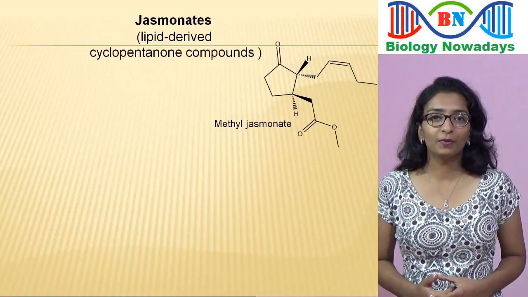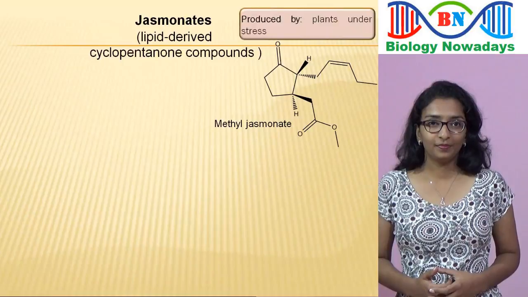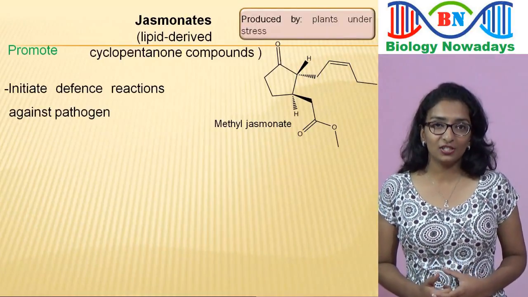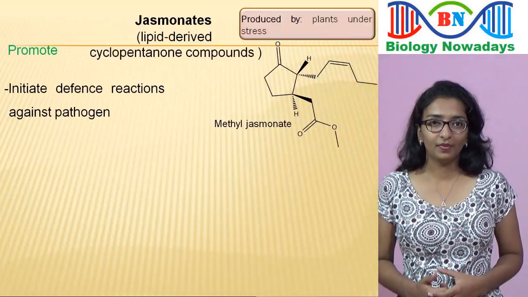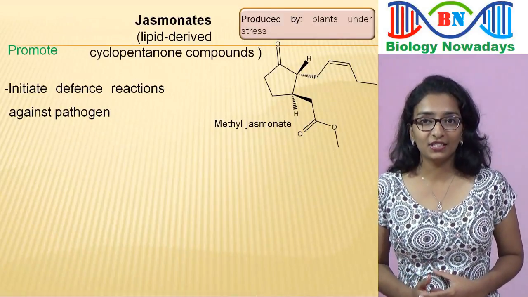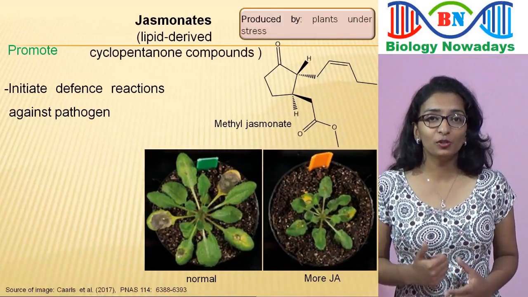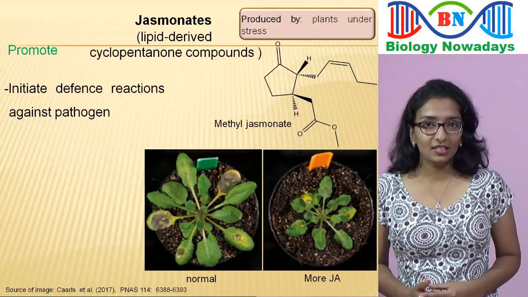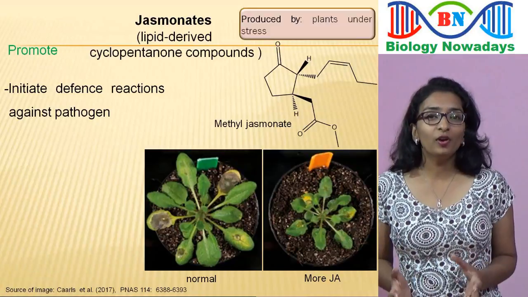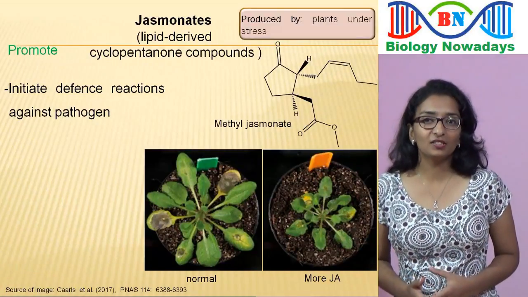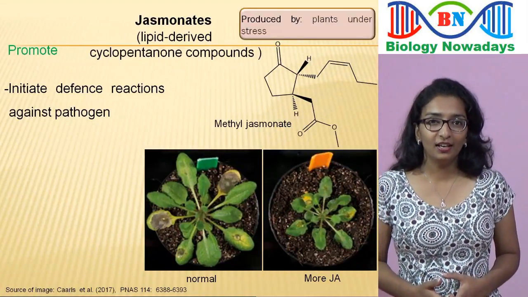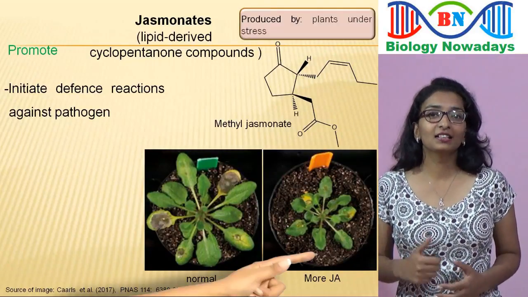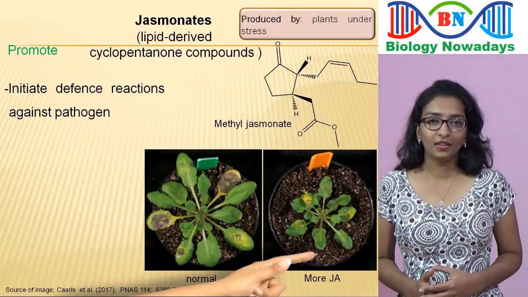Jasmonates are produced by plants under stress. Jasmonates promote initiation of defense reactions against pathogen. A recent collaborative study conducted at Utrecht University and University of Amsterdam in the Netherlands showed that when two Arabidopsis plants were infected with a pathogenic fungus, the plant with more jasmonic acid exhibited less disease symptoms.